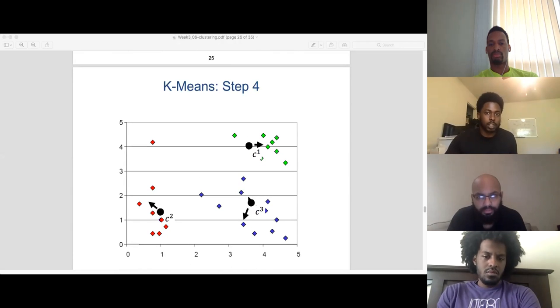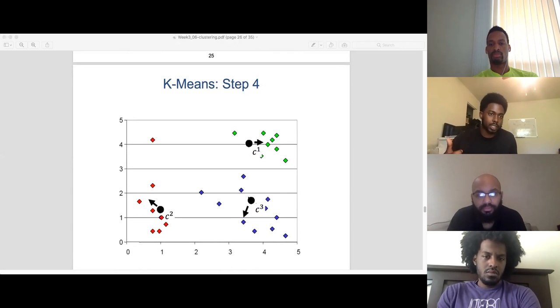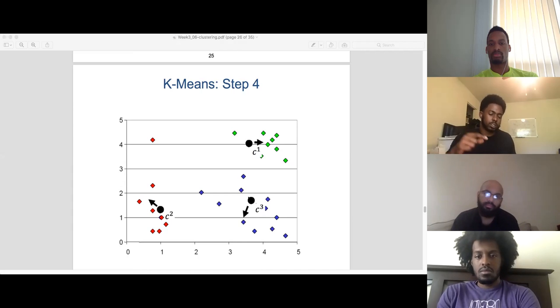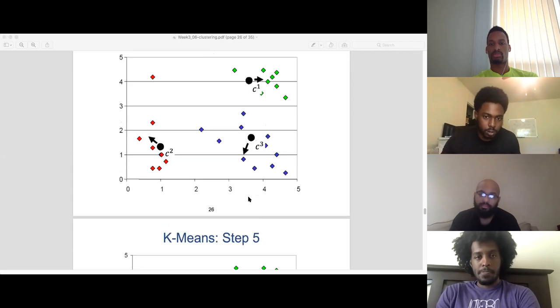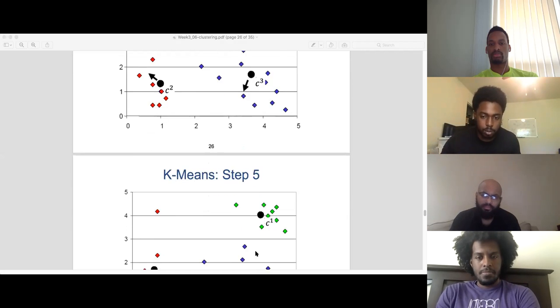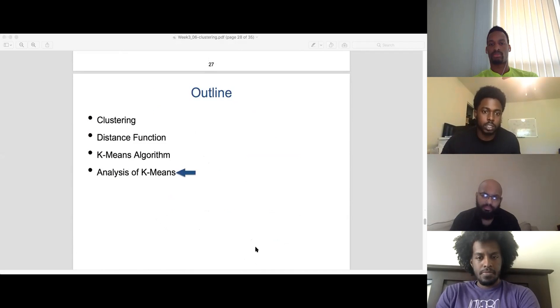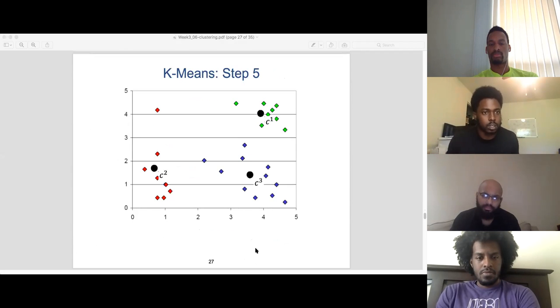So we reassign the colors for step 4, that's assigning the data to its nearest centroid, and then we adjust the centroid. So it was here, now we're shifting it to the right, bang. And so on until it converges. Does that make sense? Okay.